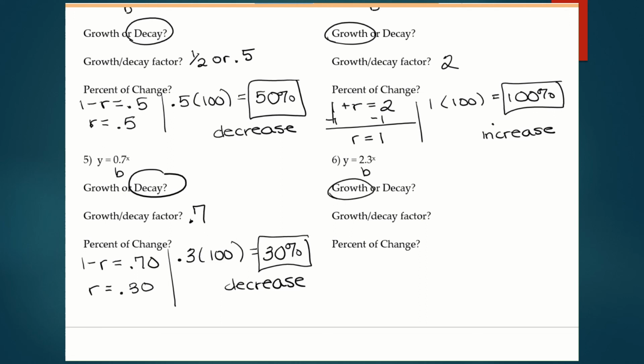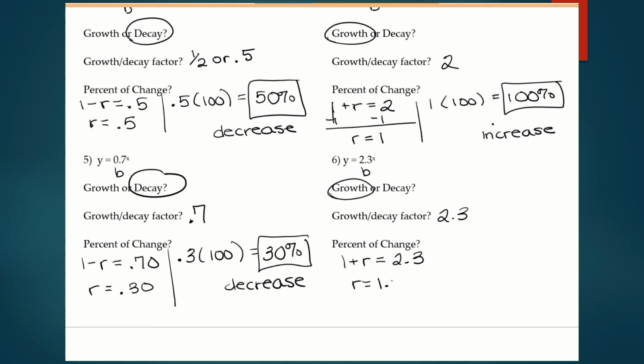All right, last but not least with number 6, 2.3 is my b value. Seeing that it's bigger than 1, it's a growth. My growth factor is 2.3, again, I'm just rewriting what b is there. What is my percent change? How are my y values changing with each increase in x? Well, 1 plus r, because this is a growth, I'm going to add r this time, gives us 2.3. So what did I add to 1 to get 2.3?